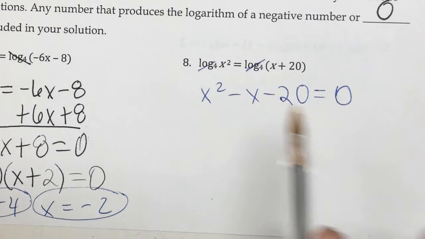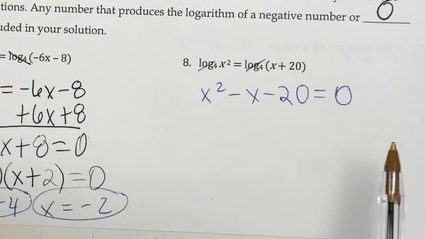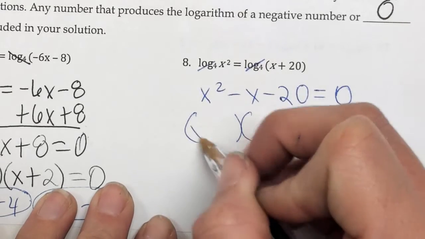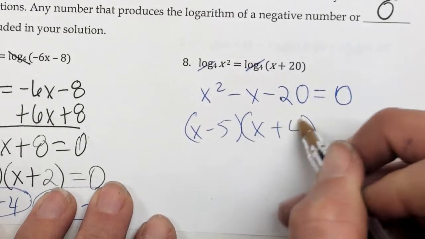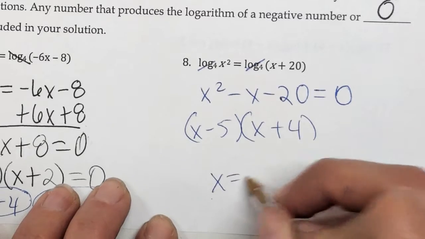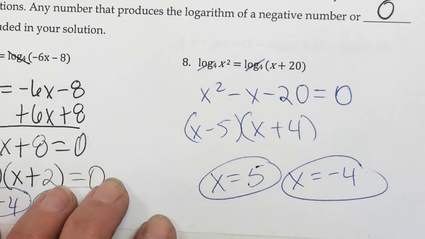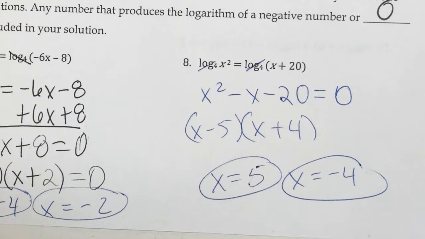So everybody see where I got this from? I don't need to go over this part. What were the two binomials we factored it into? Everybody good with that? Answers? And did they both work? Yes. Questions? Flip it.